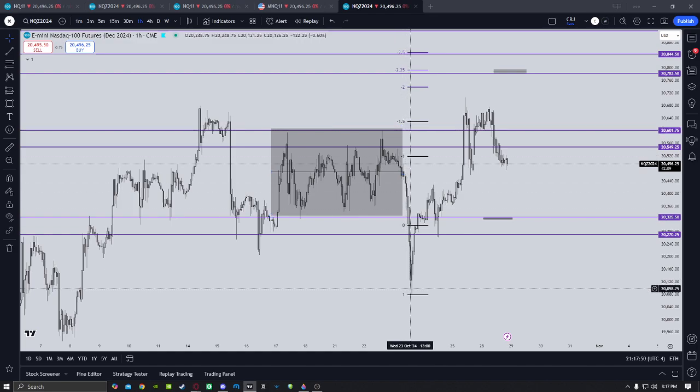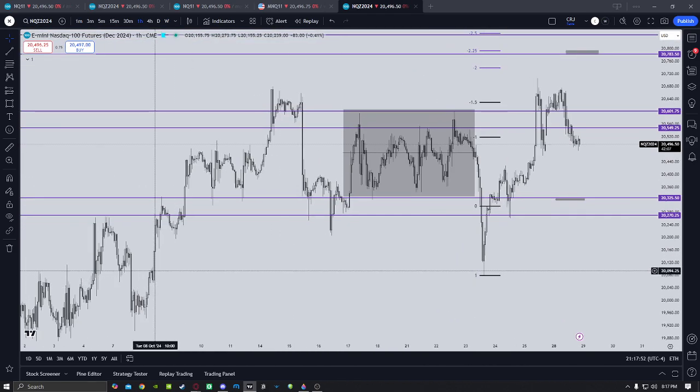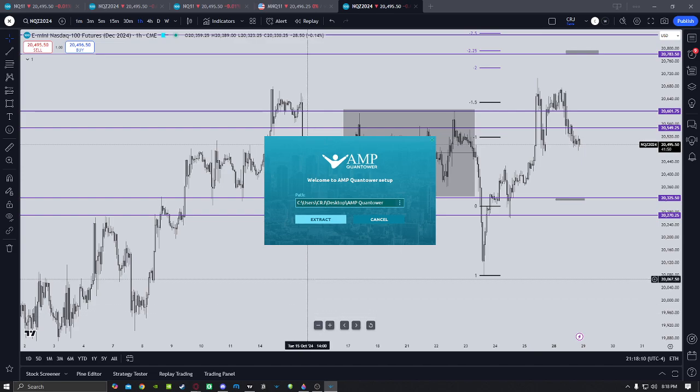We break out. And where do we go? To this prior balanced area. So we break out, then we go to the other side. Like I said, 80% of the time it will go to the other side, like this. It's almost like power 3 kind of. And I can show you on the chart real quick.